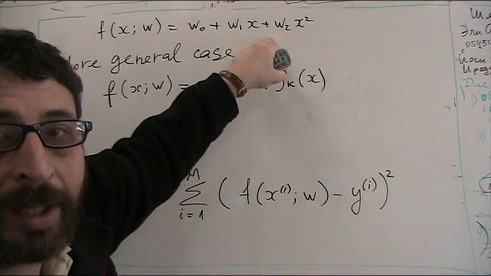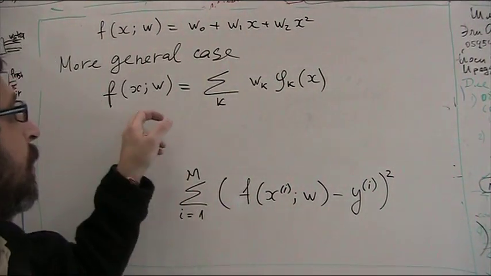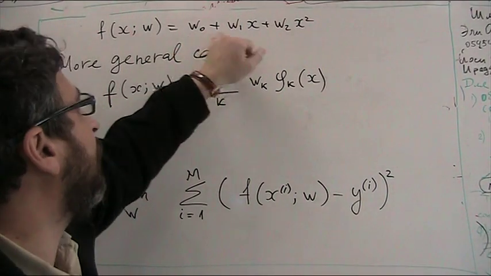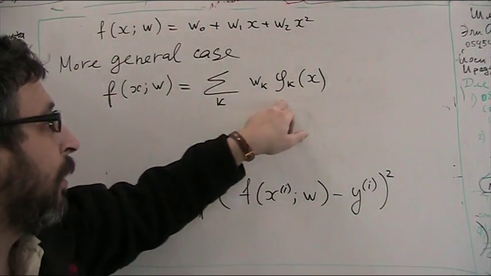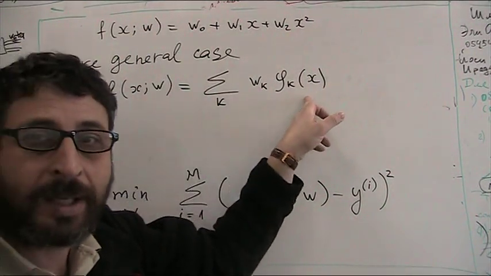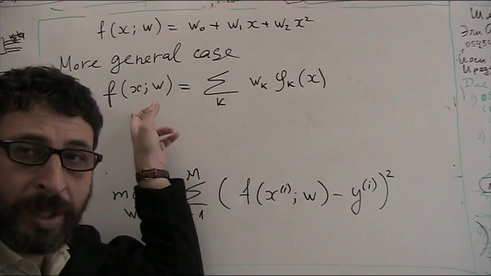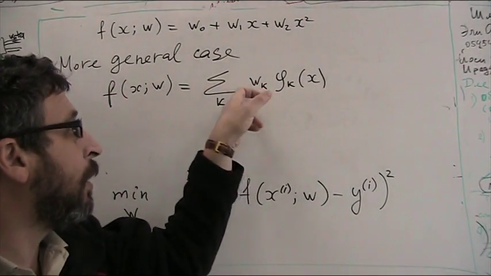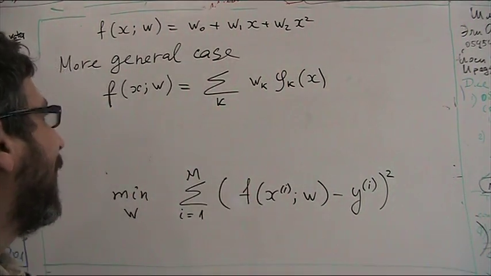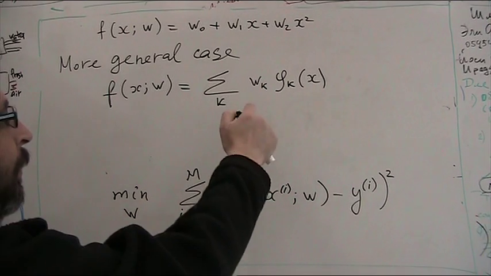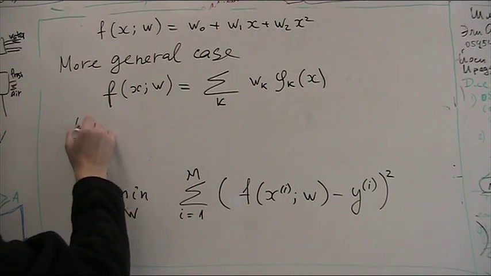This is a particular case of a quadratic function. Again, I wrote my old quadratic function here, but in a more general case, instead of having constant, linear and pure quadratic terms, we can have some general functions of x, and say we'd like to approximate our unknown function f of x as a weighted sum of known functions phi_k of x. In this case this is called a linear regression problem.